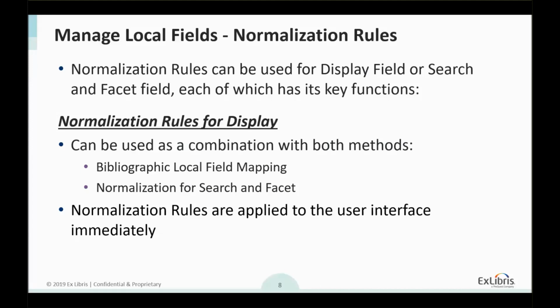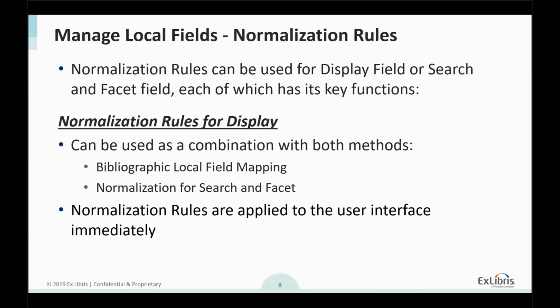And it can be, as I showed you in the previous slide, a combination with a normalization for search and facet. So you can create a local field for display and for search and facet with both options of normalization rule. And normalization rules for display are applied to the user interface immediately.